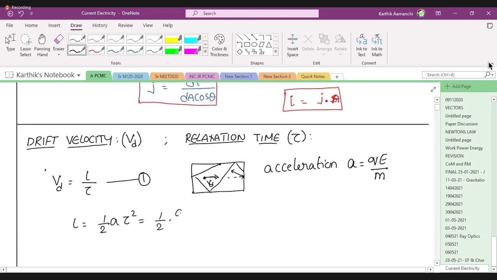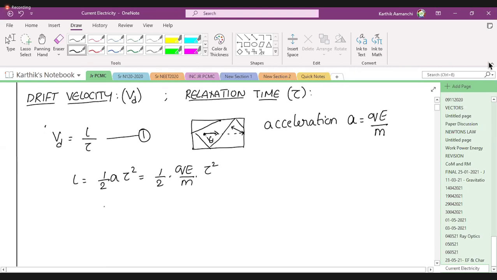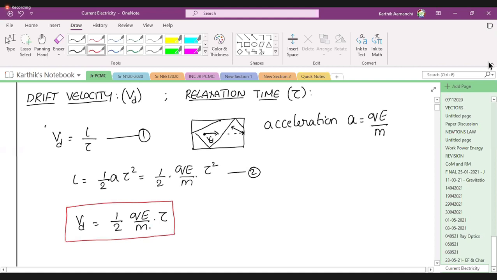So it will be half QE by M into tau square. Let it be equation 2. Now this 2 I'll substitute in 1. So Vd will be equal to half QE by M into tau. You got a relation between drift velocity and electric field.